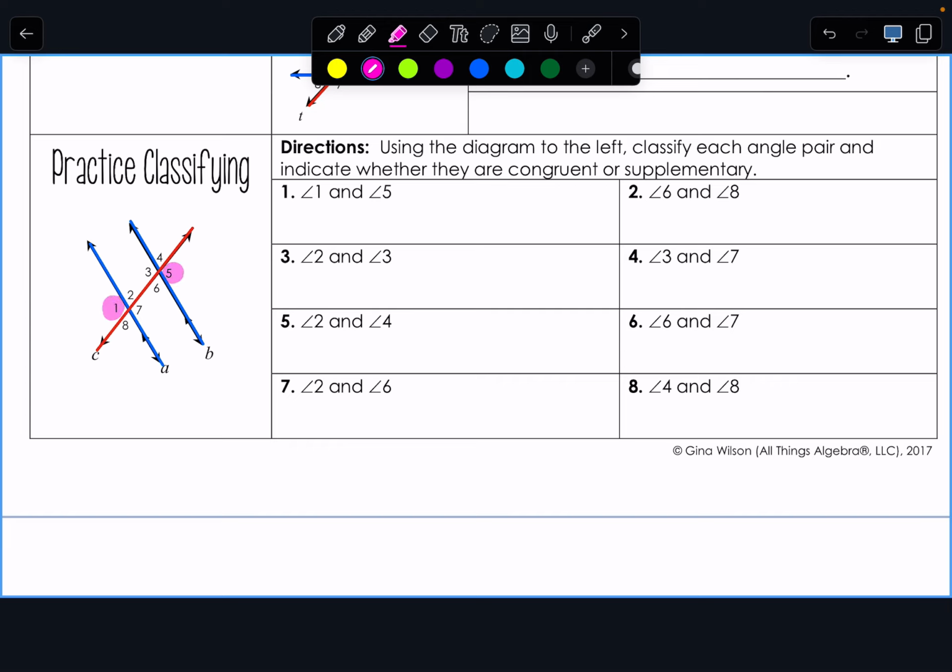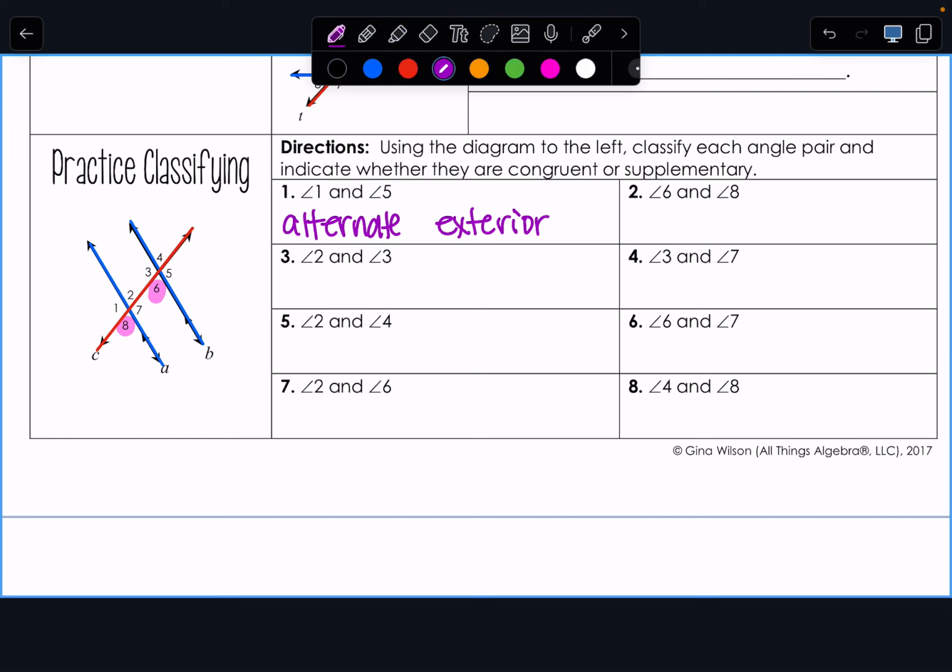All right, number 1, I've highlighted angles 1 and 5. Tinley, what are angles 1 and 5? Alternate exterior. Any objections? No objections? All right. Number 2 is 6 and 8.